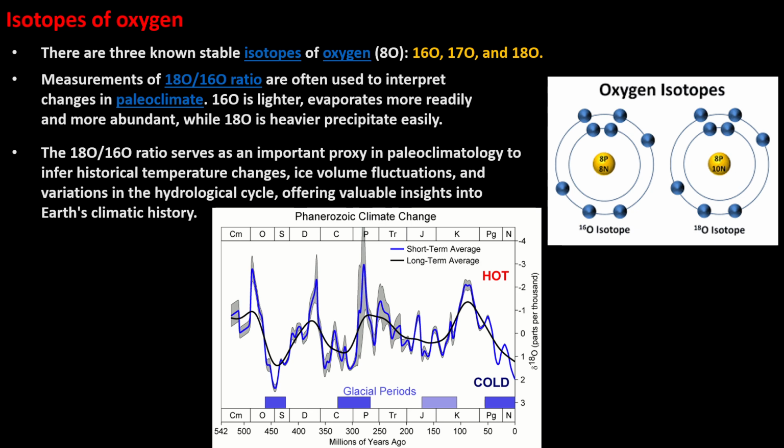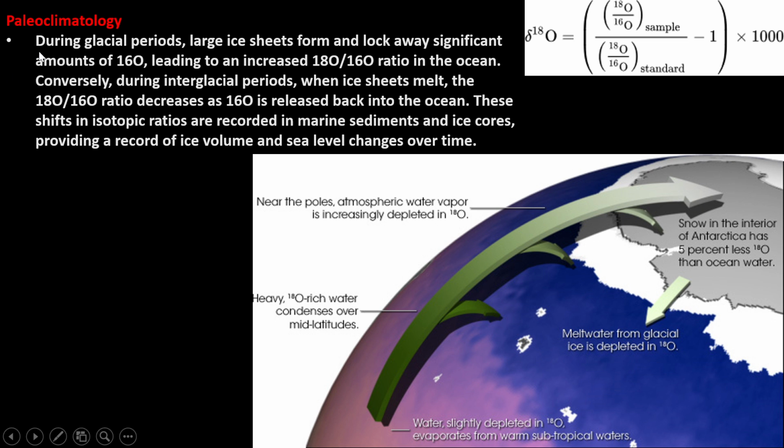Why will it decrease? Because if you know the paleoclimatology during the glacier period, this is the O16 and O18 ratio. If there is an increase in the O18/O16 ratio, it means the O16 concentration decreases and the O18 concentration increases. So the sigma O18 isotope ratio will increase.